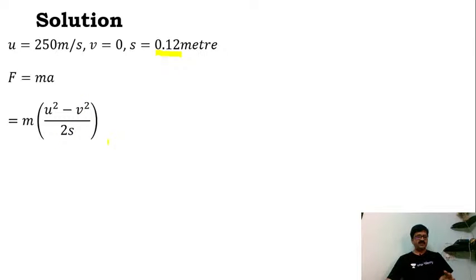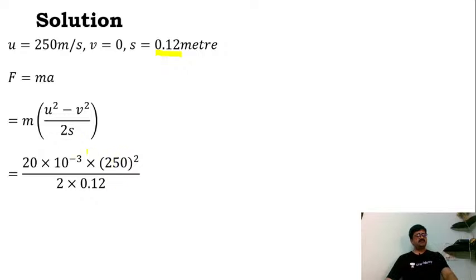This is the retarding force, and here we know that u is 250, v is 0, and s is 0.12. So I can write 20 into 10 raised to minus 3, that is the mass, 20 gram converted into kg, into 250 whole square divided by 2 into 0.12.